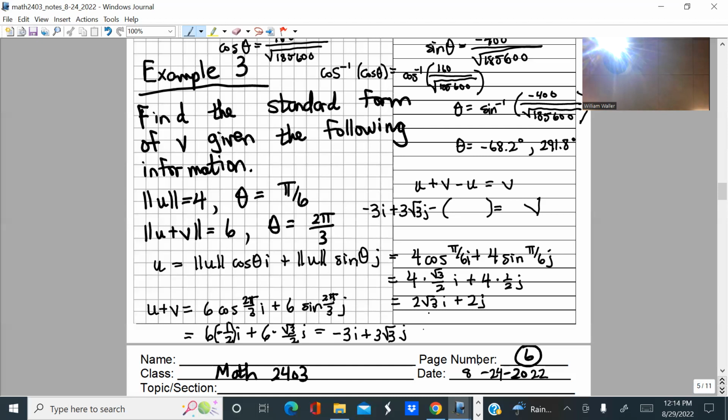Let's put it in parentheses because it's got two terms: 2 square root of 3 i plus 2j. Now this is kind of an algebra problem. You add your i coefficients together, and you add your j coefficients together, and that will give you the correct coefficients for the vector v.